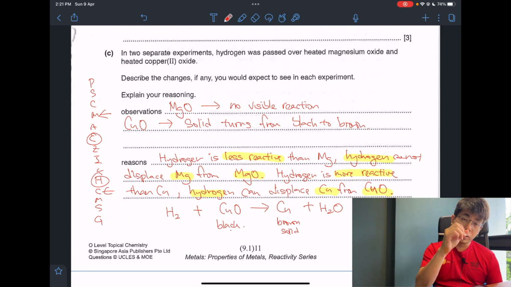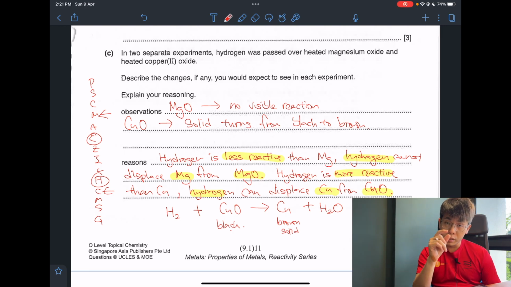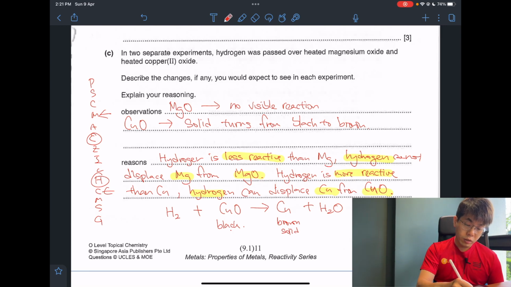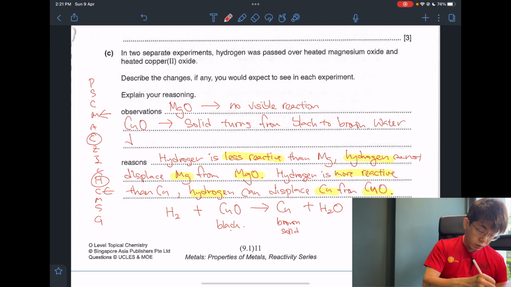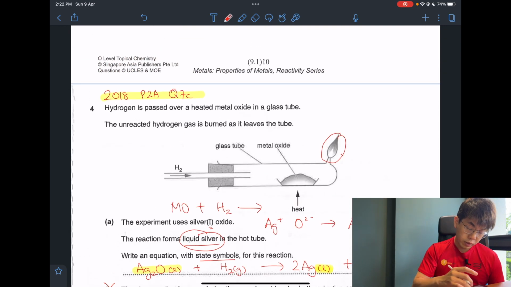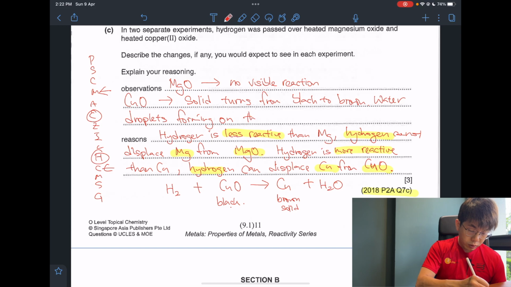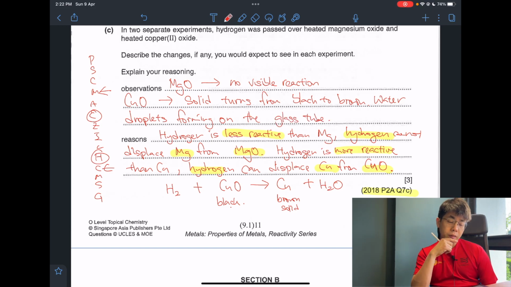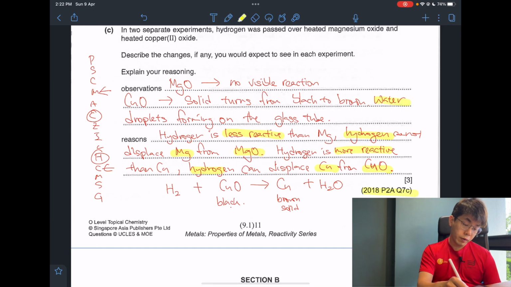We can't see water vapor, but we can see condensation, so you should see water droplets forming on the glass tube. So you see we have water droplets here, but in our reason, we didn't say water.